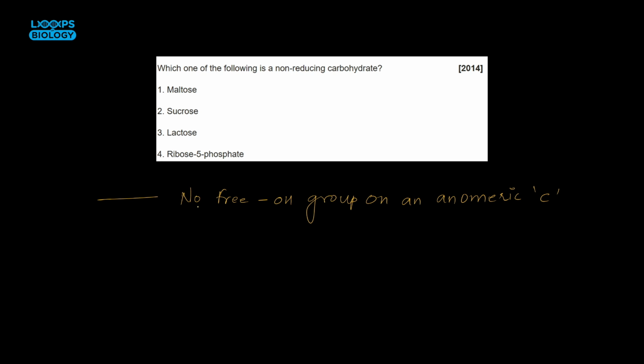If anyone has any doubt, please write it in the comment box so that I can give a proper response with the logic and concepts behind it. So which one of the following is non-reducing carbohydrate? That is sucrose, which is formed by alpha glucose and beta fructose.